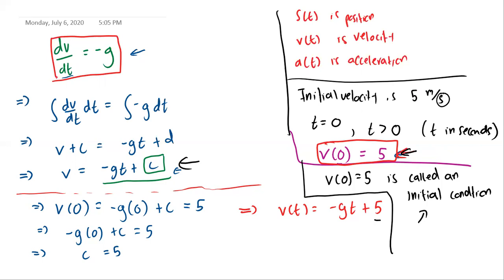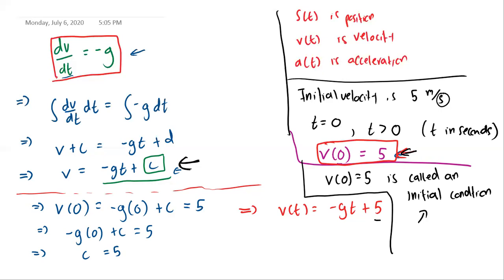Then what did we do? We plugged that into this form of solution. We have v of t has this form, negative g times t plus c. But again, this was called an initial condition because it conditions the possible solutions that we can have. Not all of these functions that look like negative g times t plus c are solutions.